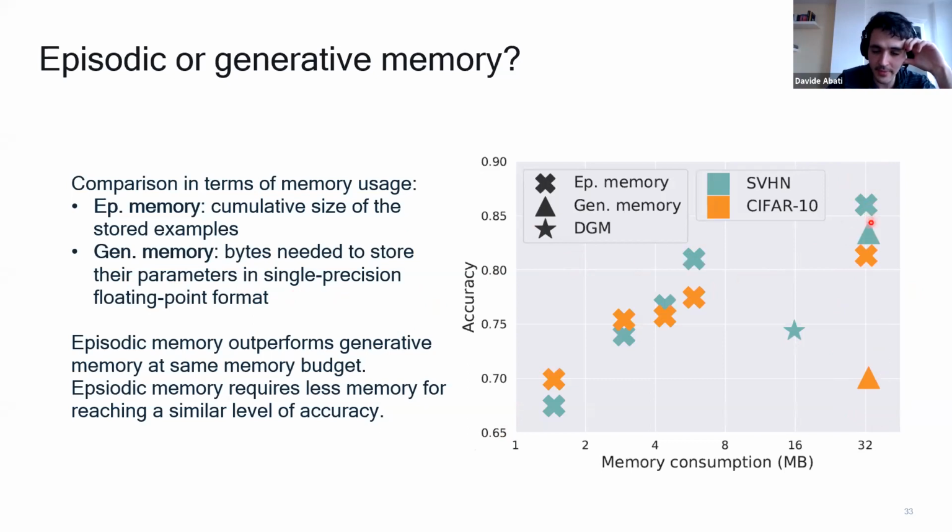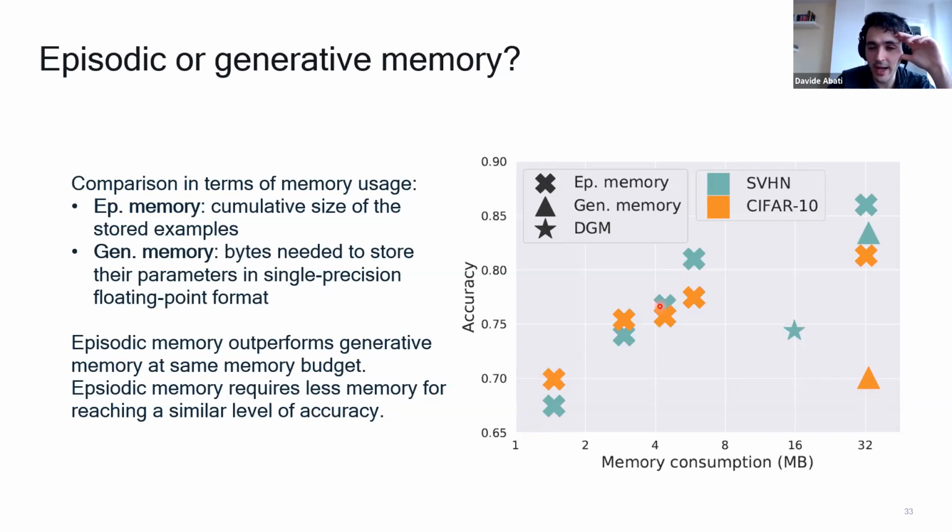And if we plot them, we can see, for instance, in the right part of this figure, that the episodic memory, the cross, always outperforms the generative memory. And in some cases, for instance, on CIFAR10, to get the same accuracy of the generative memory, you need a buffer that is, for instance, 1.5 megabytes as compared to the generator, which is 32 megabytes.